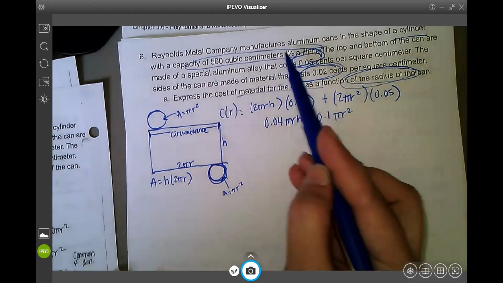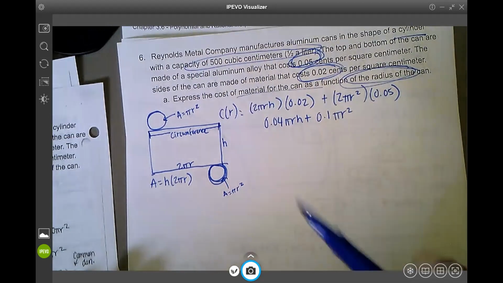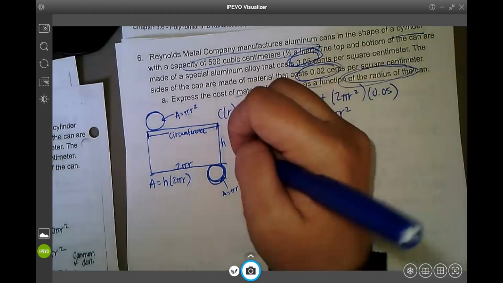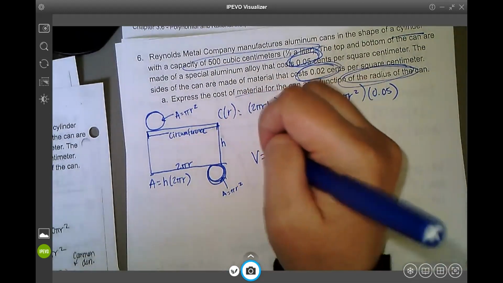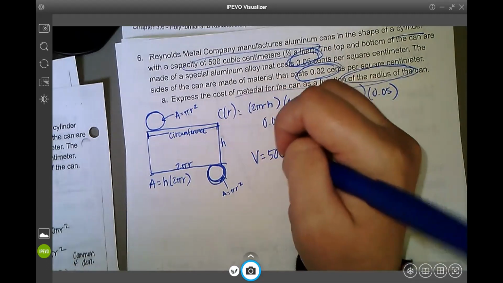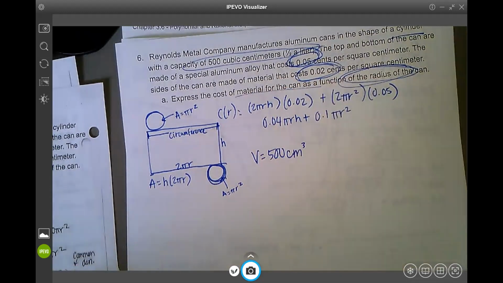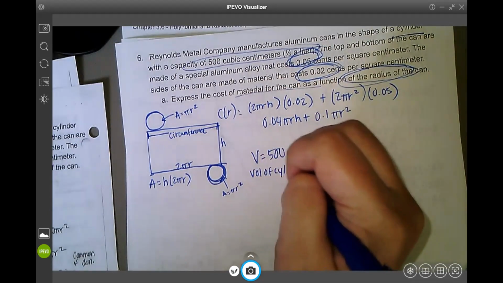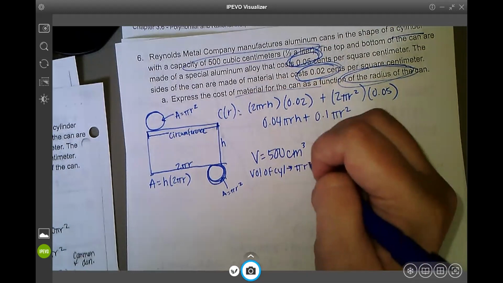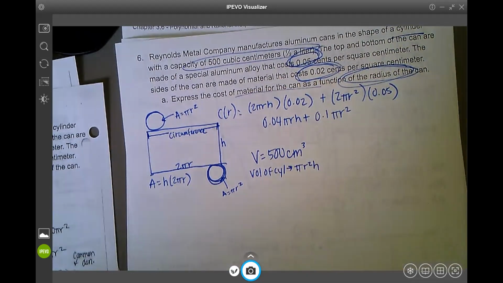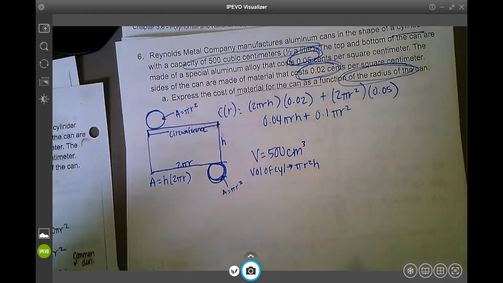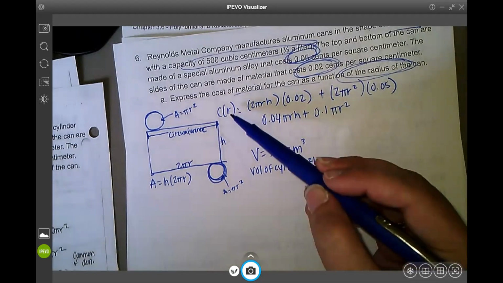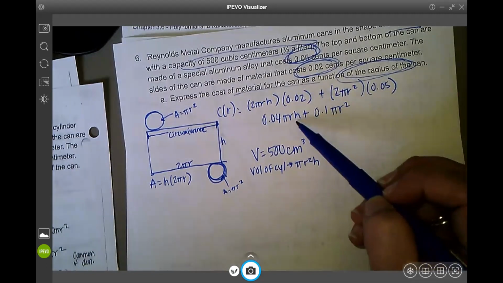But now we're talking about the capacity, the actual volume that it can have. So my volume can be 500 cubic centimeters. The formula for volume of a cylinder is pi r squared h. So if I want this in terms of r, I just have to get rid of this h.